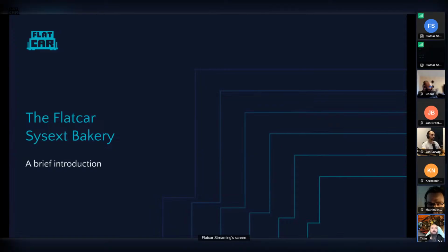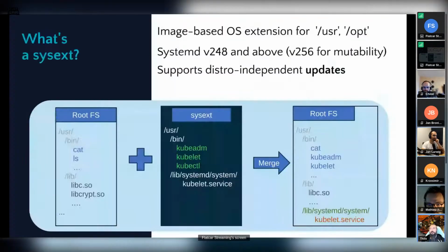All right, this is a brief walkthrough of the Flatcar SysExt Bakery. We'll start with a general idea of what sysexts are, just to repeat the foundations here. A sysext, or system extension, is a full file system image that contains a whole file system, and it will only ship the binaries of the features it needs to actually implement.